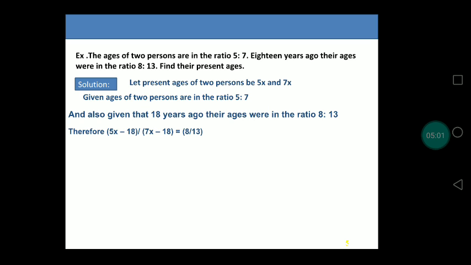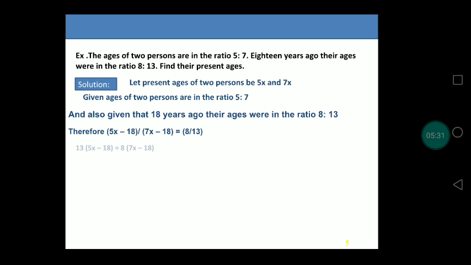According to the question, 5x minus 18 divided by 7x minus 18 is equal to 8 divided by 13. Why do you write 5x minus 18 divided by 7x minus 18? Because 8 is to 13 is the ratio of 18 years ago, so we subtract 18.